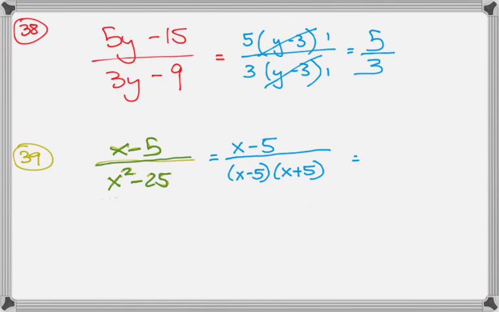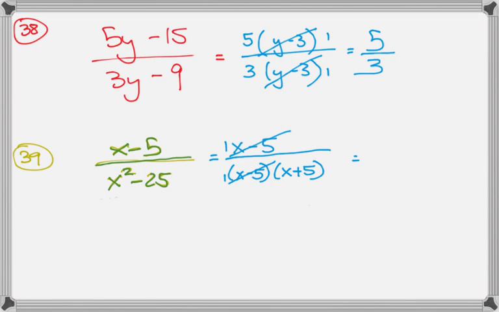Okay, somebody tell me what the answer is. X plus 5. I knew it. Thank you for saying that. What did I say earlier? I highly recommend to put the ones down. X minus 5 over x minus 5 reduces to 1. 1 here, 1 there.